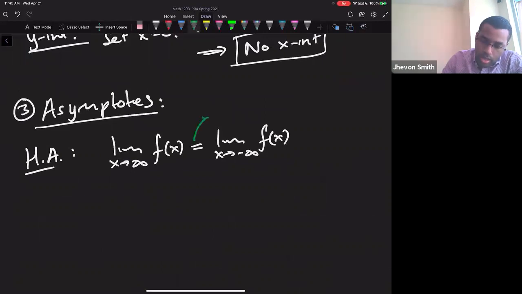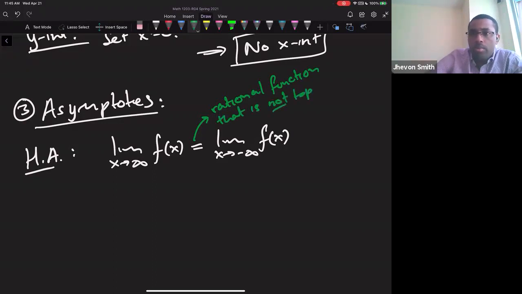Because it's a rational function that is not top heavy. These two aren't equal in general, but we know for rational functions that are not top heavy, they are. And so we now have to find that limit.